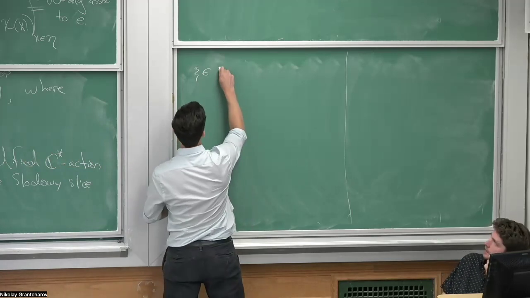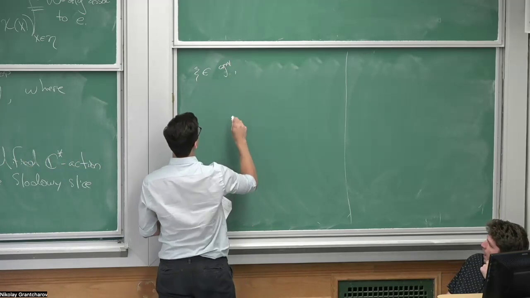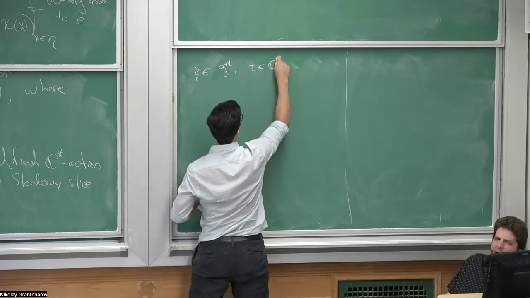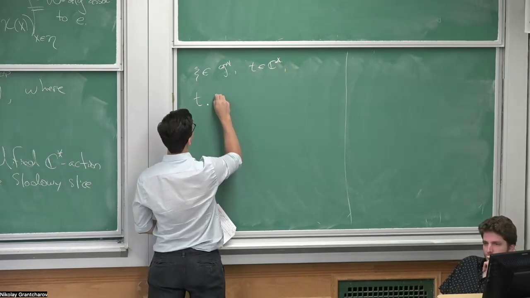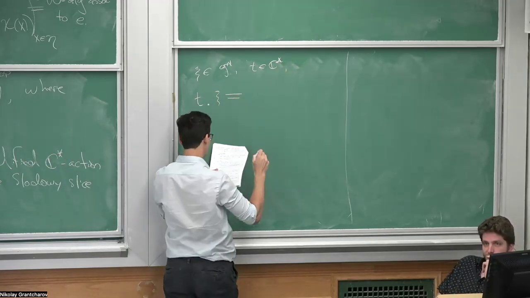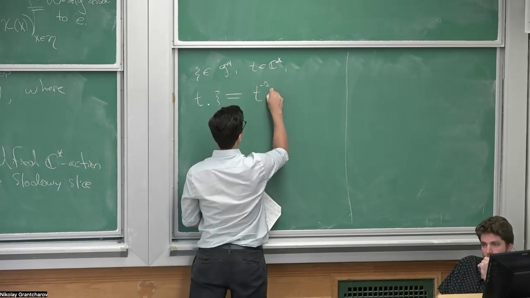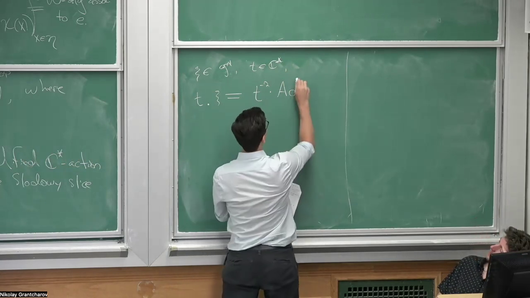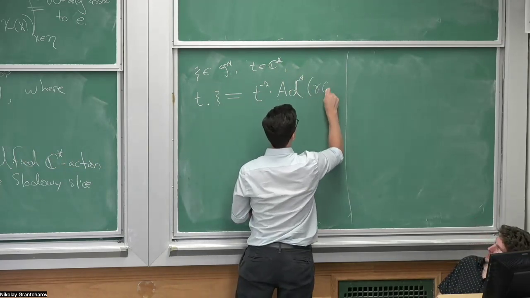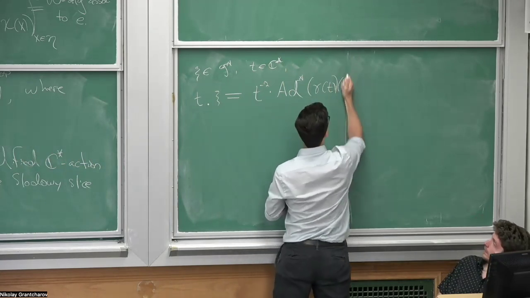So for any vector field and a scalar t, define this action by the formula t to the minus 2 ad of gamma of t acting on it.